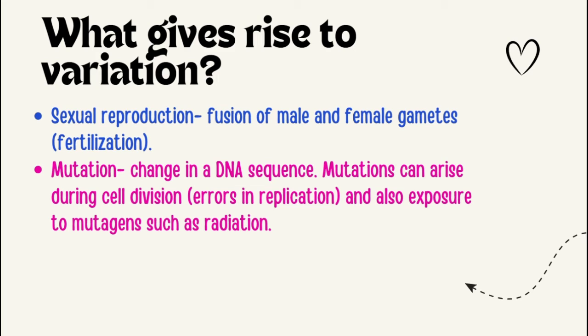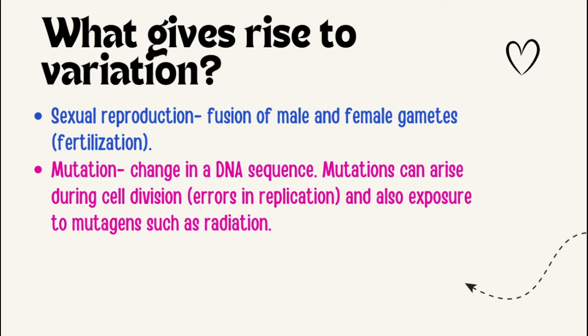Let's just say something went wrong, the spindle never attached properly, a mutation happened, right? And then bam, something is going to change because it never lined up the way it should, or it never attached the way it should. So you're more likely to have an abnormality, something like that.